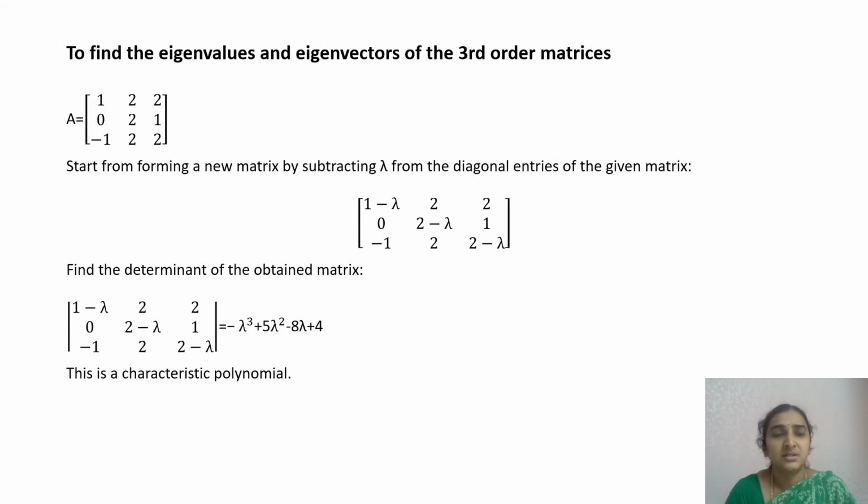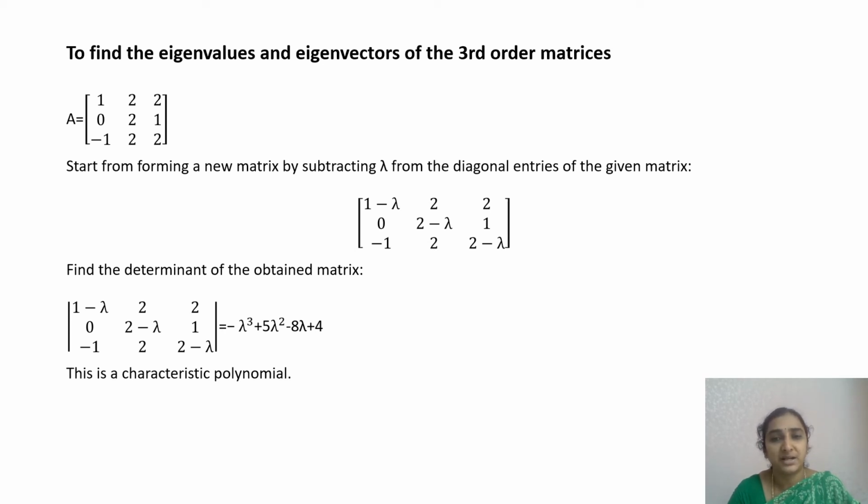Now let us learn to find eigenvalues and eigenvectors of third order matrices. Let me consider a third order matrix A, which is equal to [1 2 2; 0 2 1; -1 2 2]. Start from forming a new matrix by subtracting lambda from the diagonal entries of the given matrix.